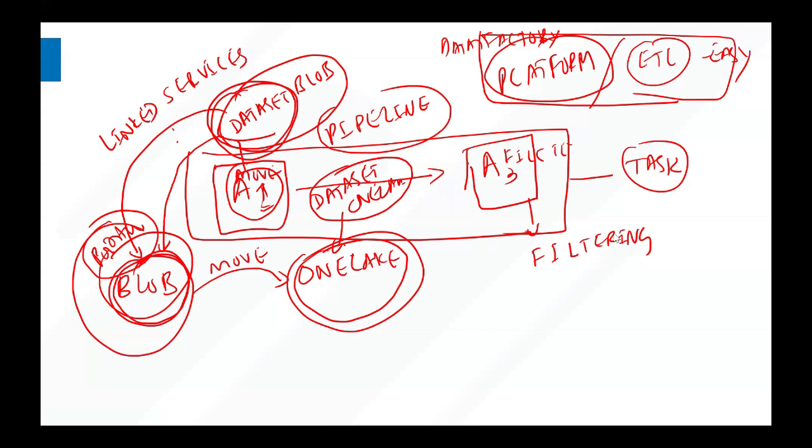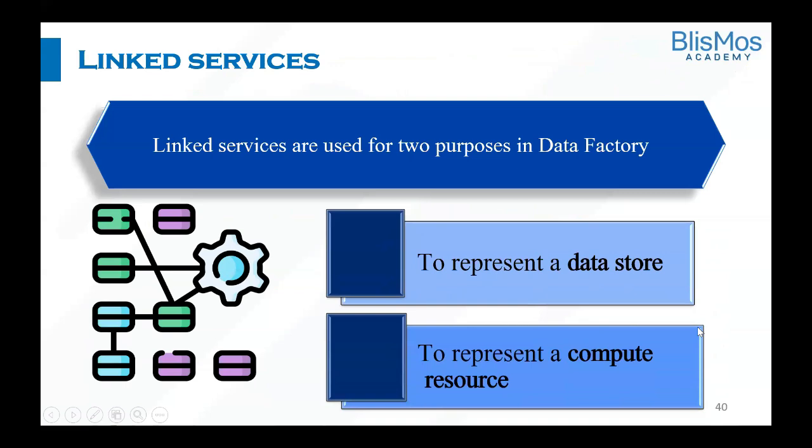What is pipeline? What is activity? What is data set? And what is linked services? Linked services is the pointing from data set to where the data is. Okay, it's clear for everybody. So linked services can be used to represent either a data store or a compute resource.